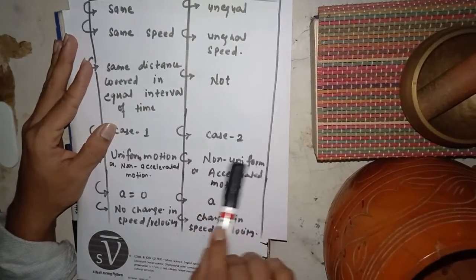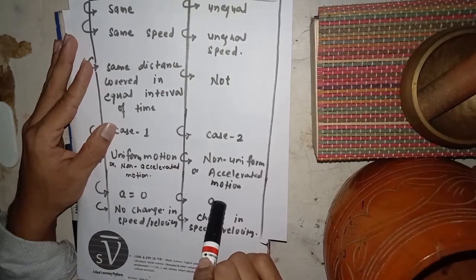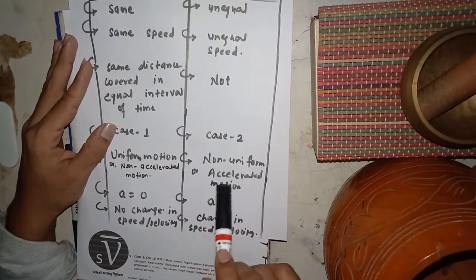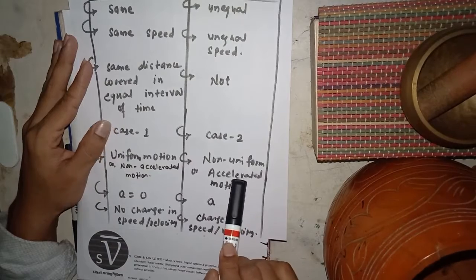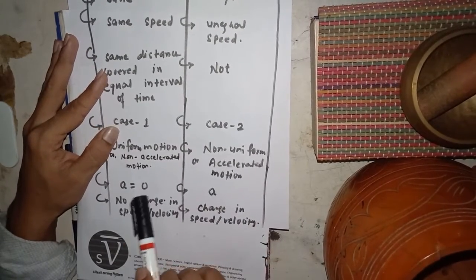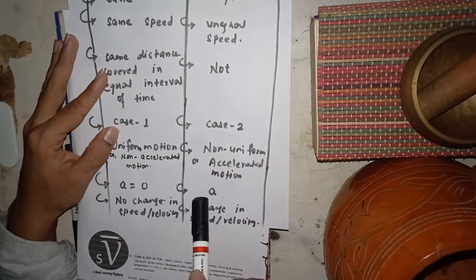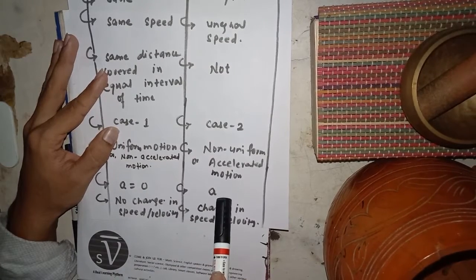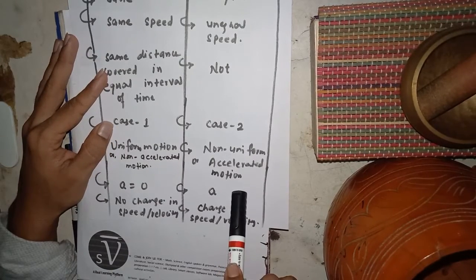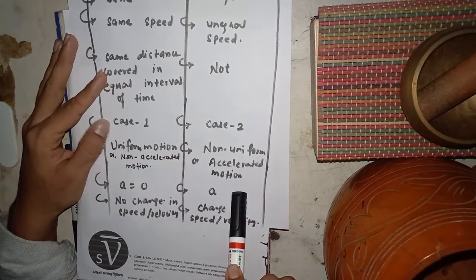And this kind of motion is called non-uniform accelerated. We will deal with it in greater detail. So I am writing here acceleration is 0, but here acceleration cannot be 0. It may be negative or positive, but cannot be 0.